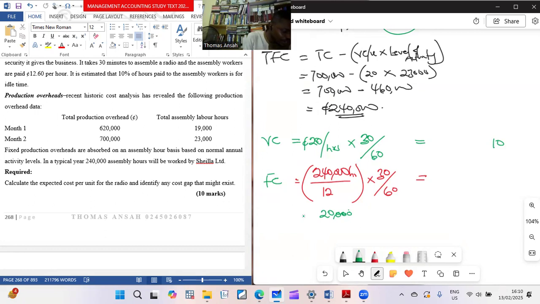So the 20,000 hours that I have in here, how much does it price in terms of fixed cost? As you can see, fixed cost is fixed. So the fixed cost that we have is 240,000 cedis, and 20,000 hours.